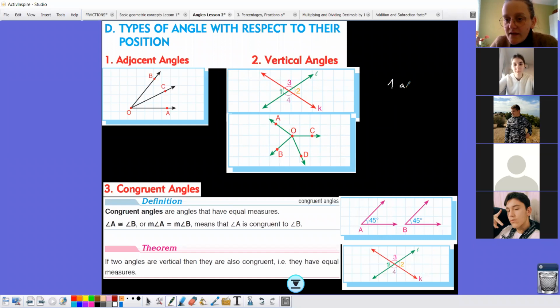So 1 and 2 are vertical angles, and also 3 and 4 are vertical angles. Okay? Did we understand? Non-adjacent ones are vertical ones. Okay?